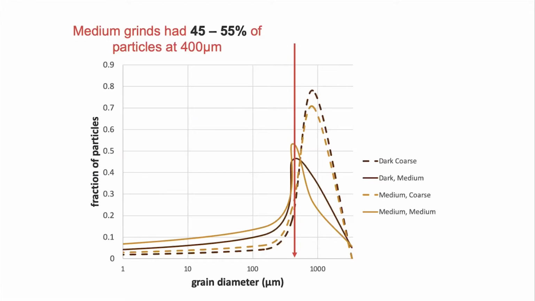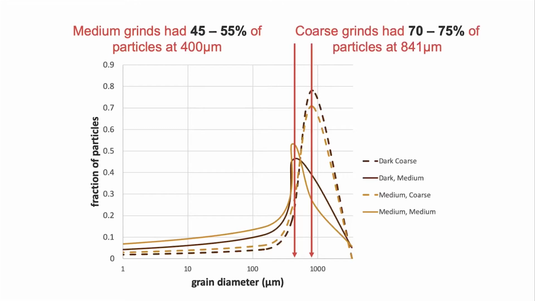In our case, we have about 400 microns as our average size, where the majority of the size was in that range. If we're talking about coarse grind coffee, at least the one we bought, 75% of the particles are in about 840 micron range. So the size is not uniform. They are different. And then there are always the fine particles. They call it in industry the fines. They are always present no matter which grind you're using.